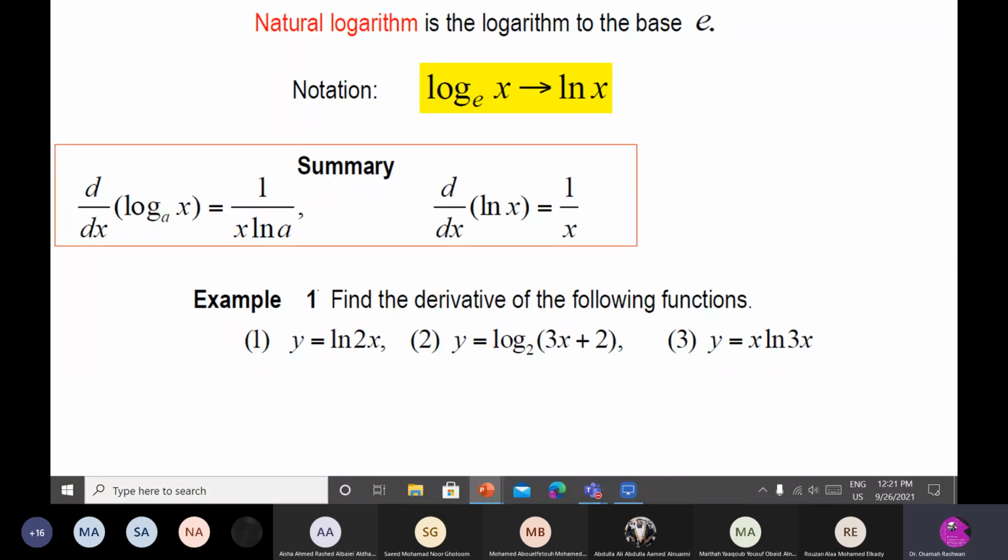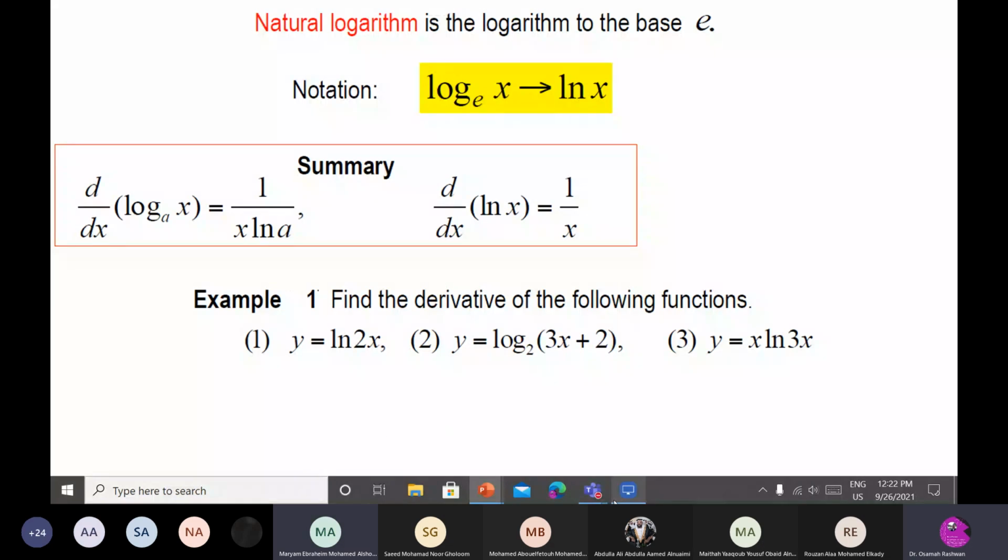Okay, now I can write it down. This will be 1 over (3x plus 2) ln a, and you have 3 over here. So you can write it down like this. Okay, 3 over (3x plus 2) ln 2. What is a here? a is 2, so ln 2.